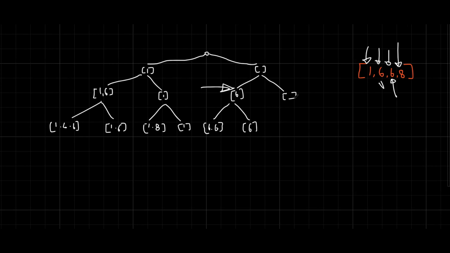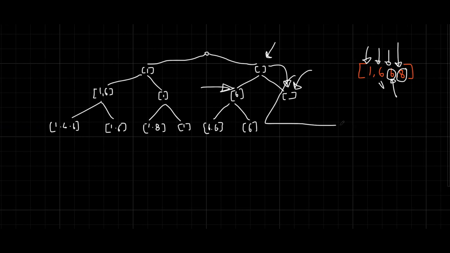Anyways, for this empty list, which value should I consider? Should I consider 6 or should I consider 8? For this empty list, we should consider 8, because from here we are going to this node if and only if we ignore the value 6.